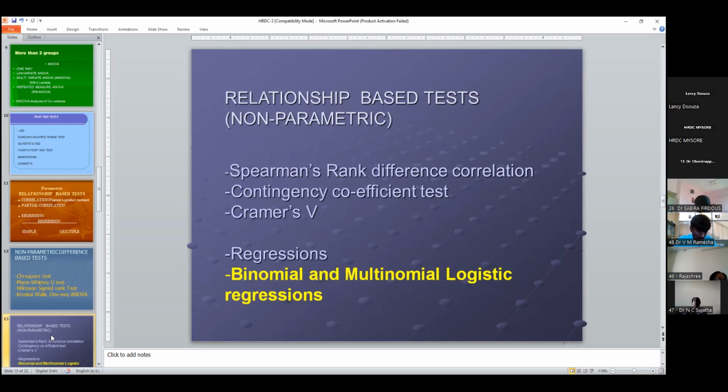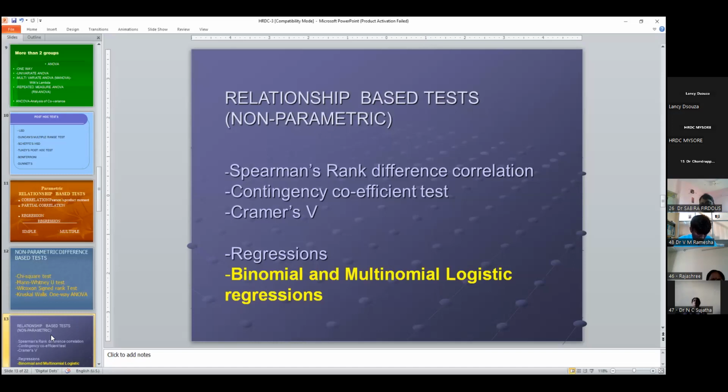Suppose you have a data set in a cross tabulation like 2 by 2, that is 2 rows by 2 columns, or 3 by 3, or 4 by 4. When your data is in a cross tabulation where the number of columns is equal to the number of rows, then invariably you have to use a contingency coefficient test.